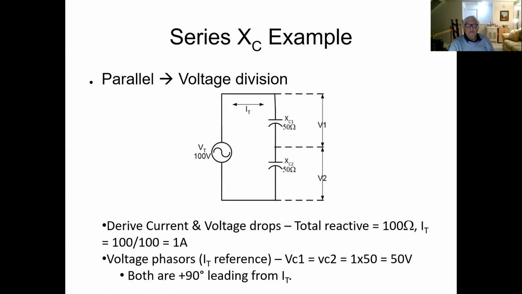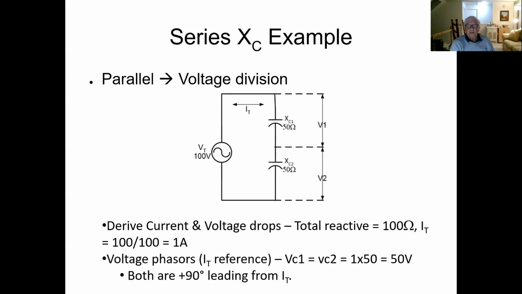So here's a case of series. Because it's in series, we can add the two, XC1 and XC2, to give us 100 ohms again.